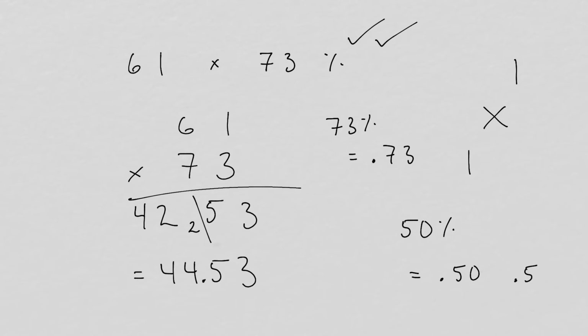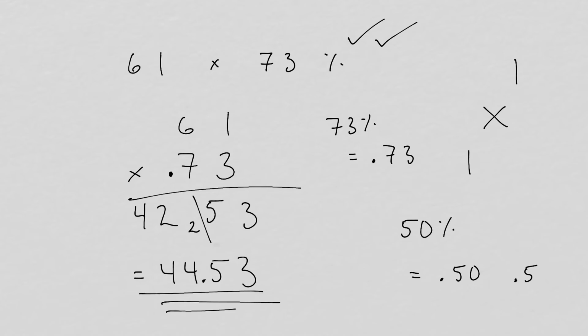Percentages are decimals, so what we're multiplying here is 61 times 0.73. I took the decimal out to do the problem, then put it back in, bringing the answer over 2 spots. So we get our answer, 44.53.